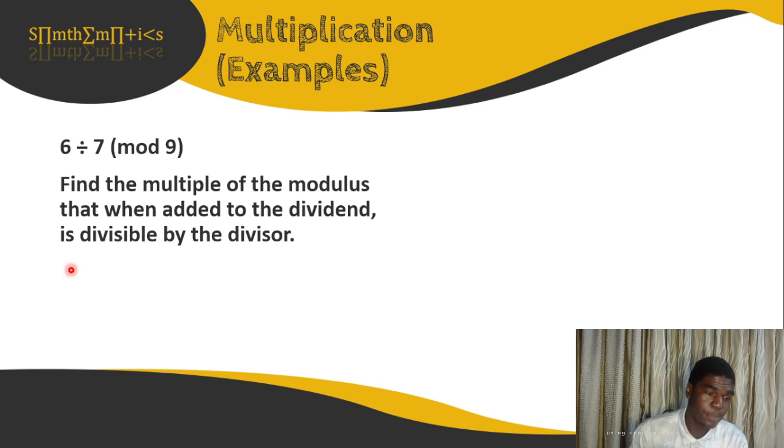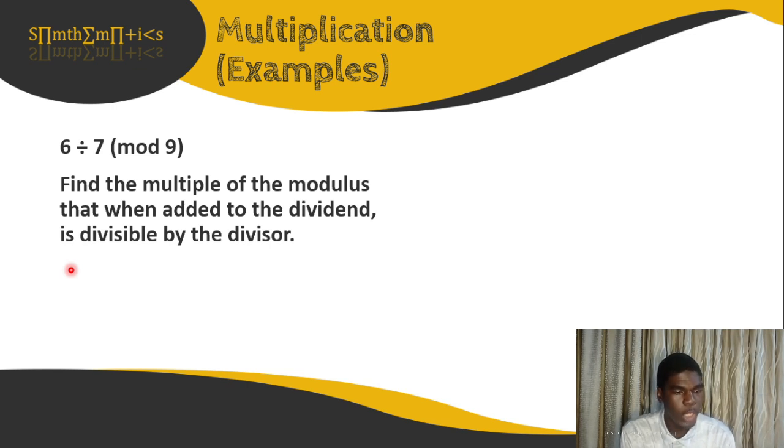So here I said that you find the multiple of the modulus that when you add it to the dividend is divisible by the divisor. Here our modulus is 9, our dividend is 6, and our divisor is 7.